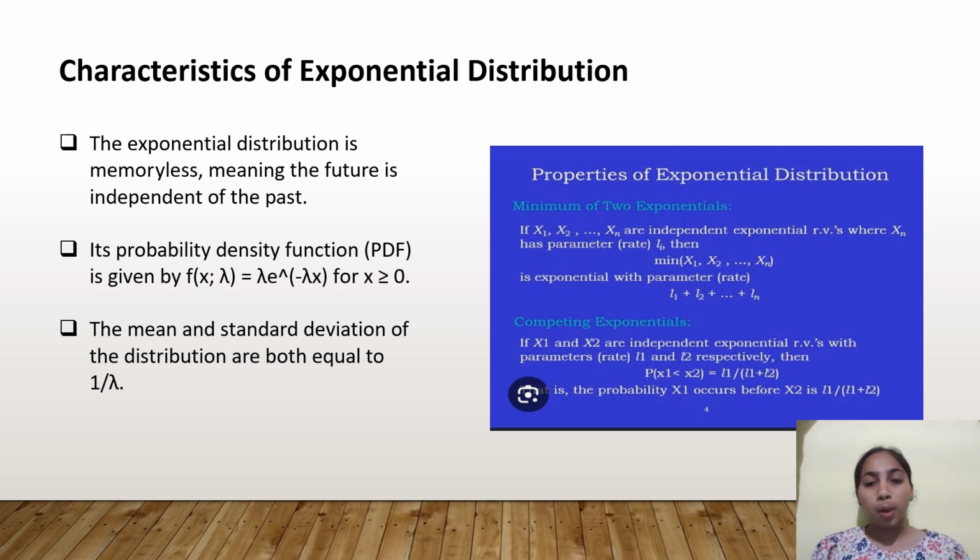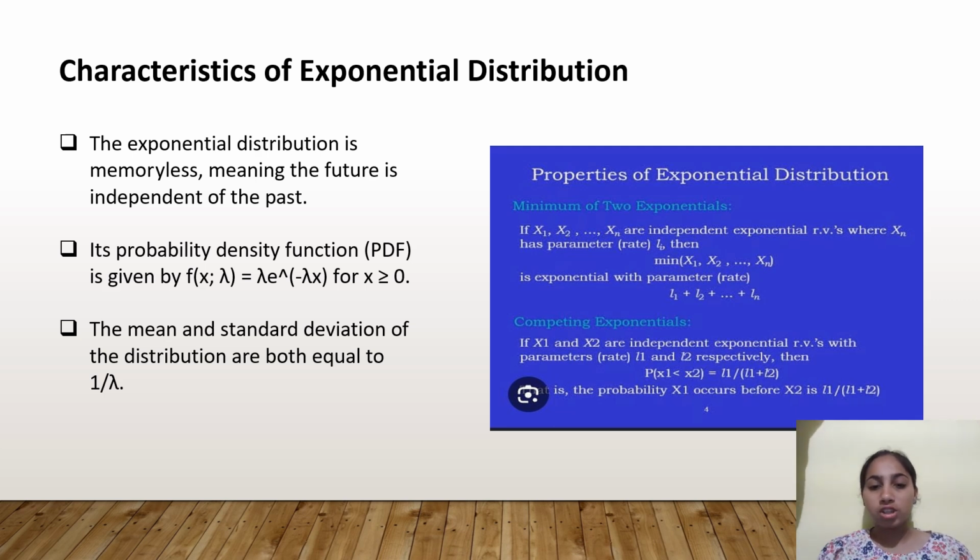And then the properties of the exponential distribution. Minimum of the exponentials, that is if x1, x2, up to xn are independent exponentials where xi has the rate parameter Li, then minimum of x1 to xn is exponential with the rate parameter L1 plus L2 up to Ln.